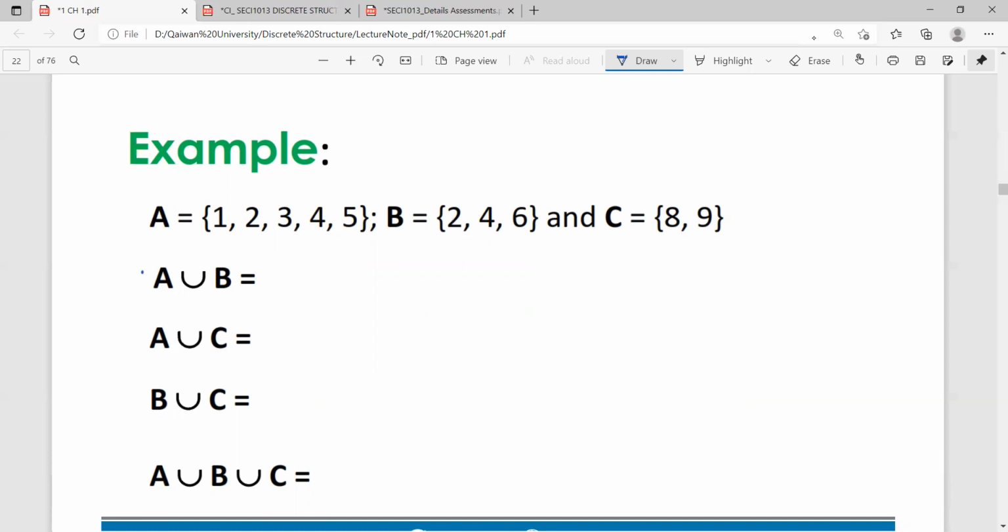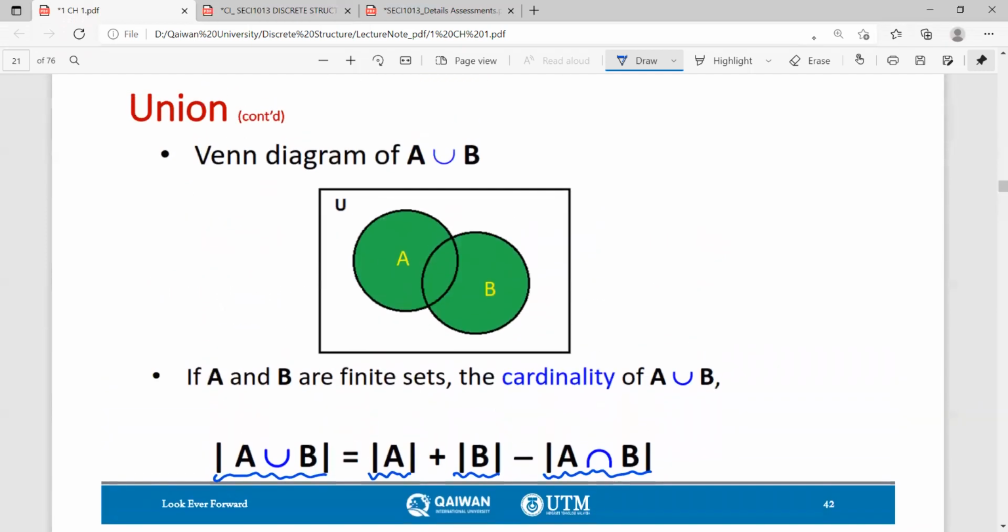If you see these 2 lines, then it's about cardinality. But here you don't have those, so it's only finding A union B. We just find a set.